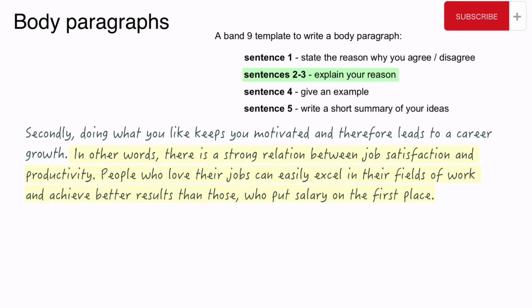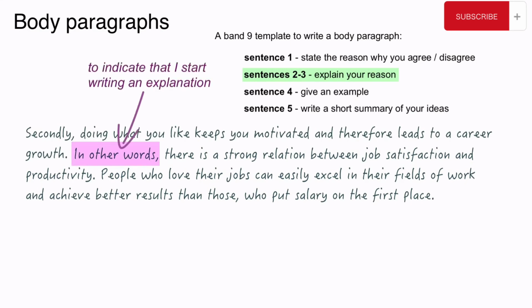People who love their jobs can easily excel in their fields of work and achieve better results than those who put salary on the first place. Look at how I used phrase "in other words" to indicate that I start writing an explanation. It is a very nice technique.